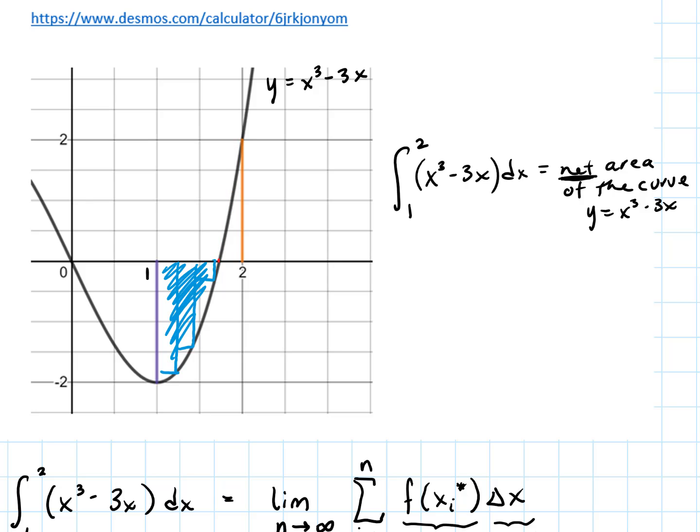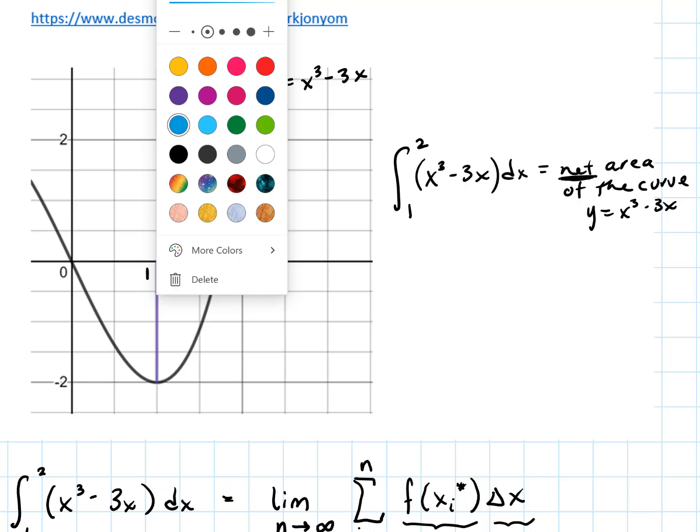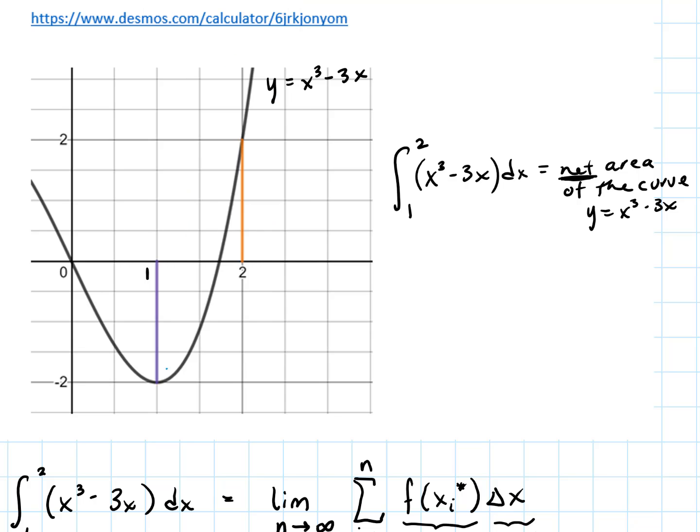When we look back at this again, and let's get rid of the rectangles that we'd had there before, if we think about how much area is actually underneath the x-axis, and I will do that in a blue, you can see that there's more area underneath the x-axis, which would generate the negative, versus the area above the x-axis.